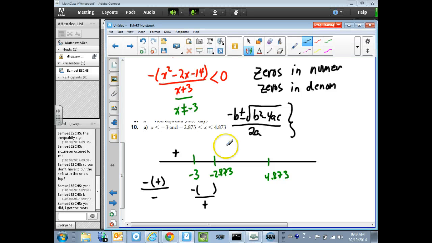So yeah, this would be, oh, sorry, wrong number. It's a plus sign. Yeah, so this is ever so slightly positive, which means that overall this section is negative.